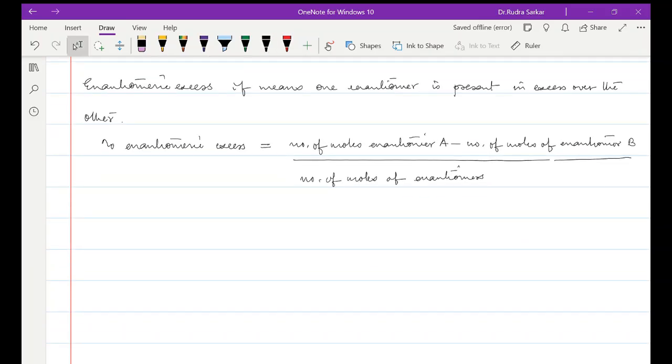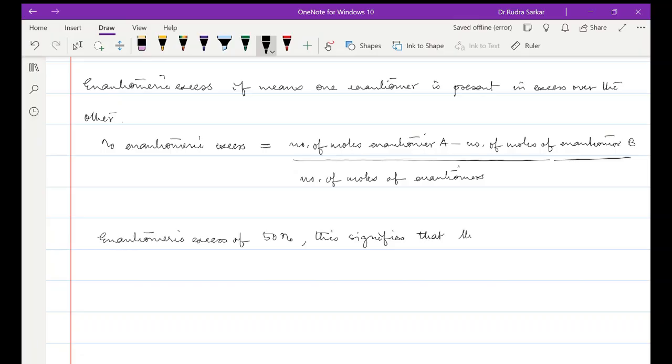So for example, if we say an enantiomeric excess of 50%, what will we understand from this?